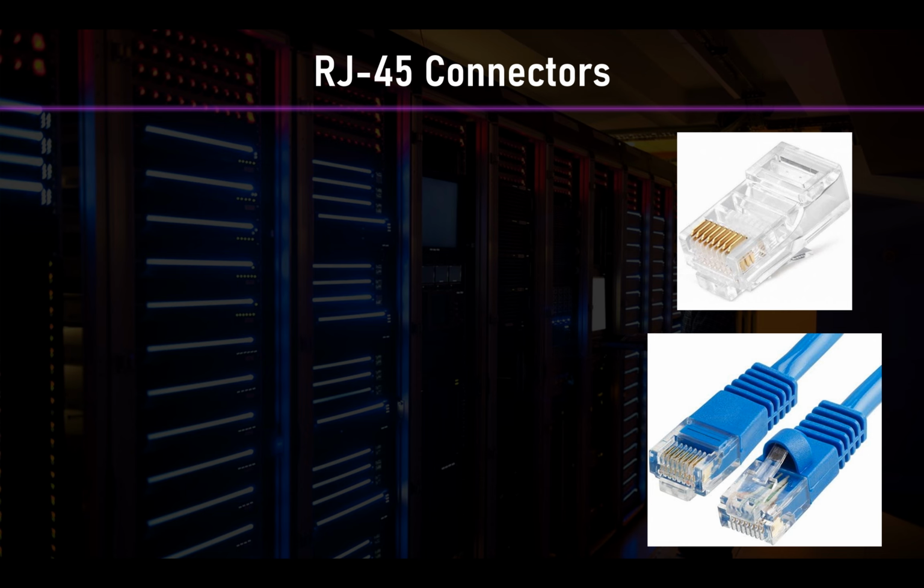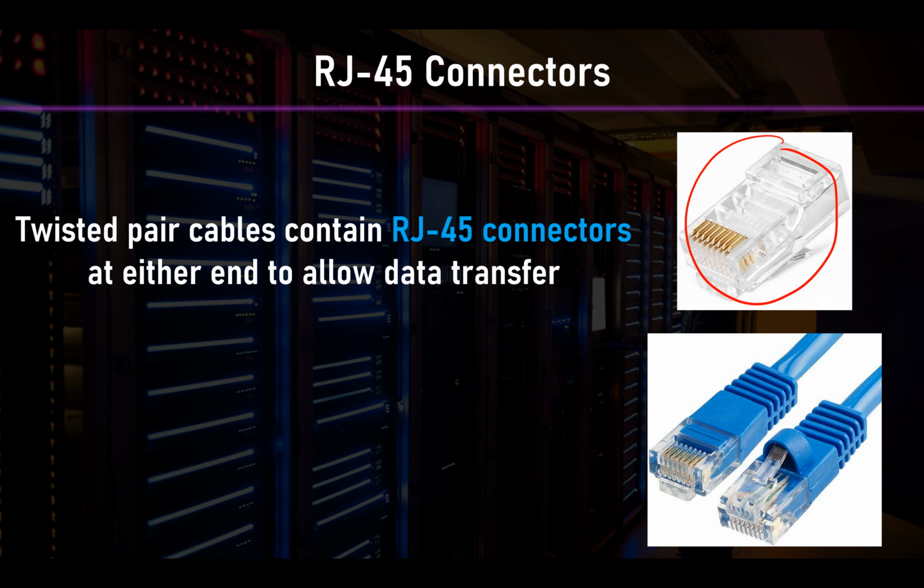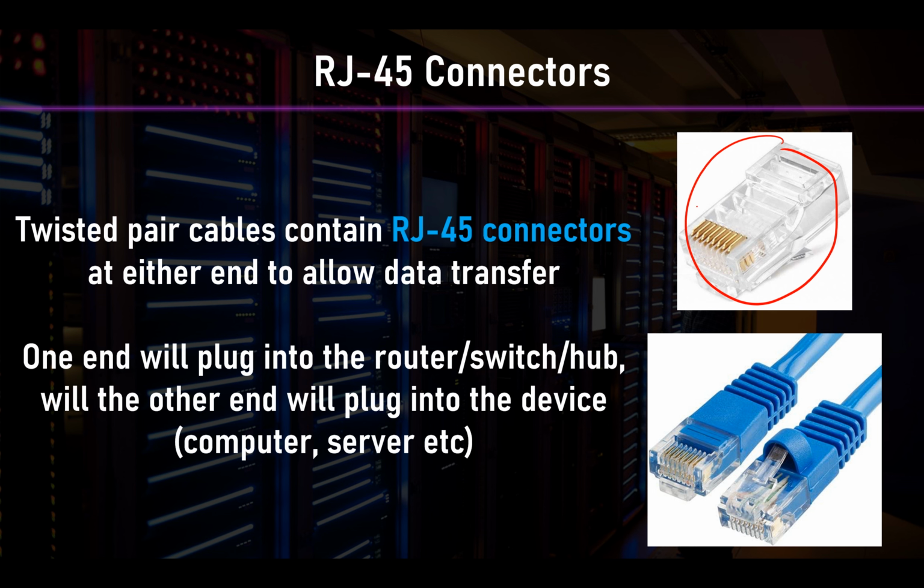Right, then the next thing is not really hardware. I guess it is hardware, but basically it's just the connection, the end part. Twisted pair cables are going to contain RJ45 connectors at either end to allow data transfer. If we look here, probably these are just copper pins.